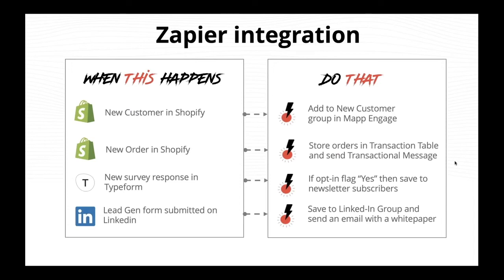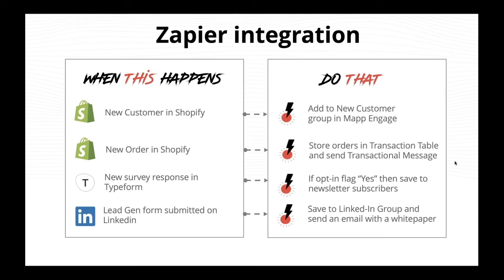Another example is, perhaps someone submitted a survey on Typeform, and perhaps they opted into a newsletter from the form. We can push them into a new newsletter subscribers group as well. Or if you're a B2B business, or perhaps the same could be applied for Facebook if you're in B2C, we can use the lead gen forms for both LinkedIn or Facebook that are submitted to those platforms.